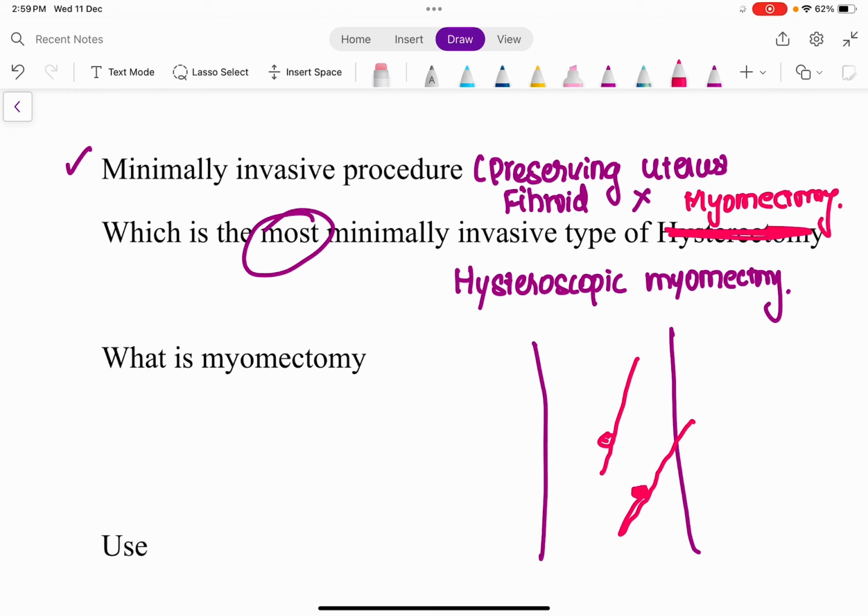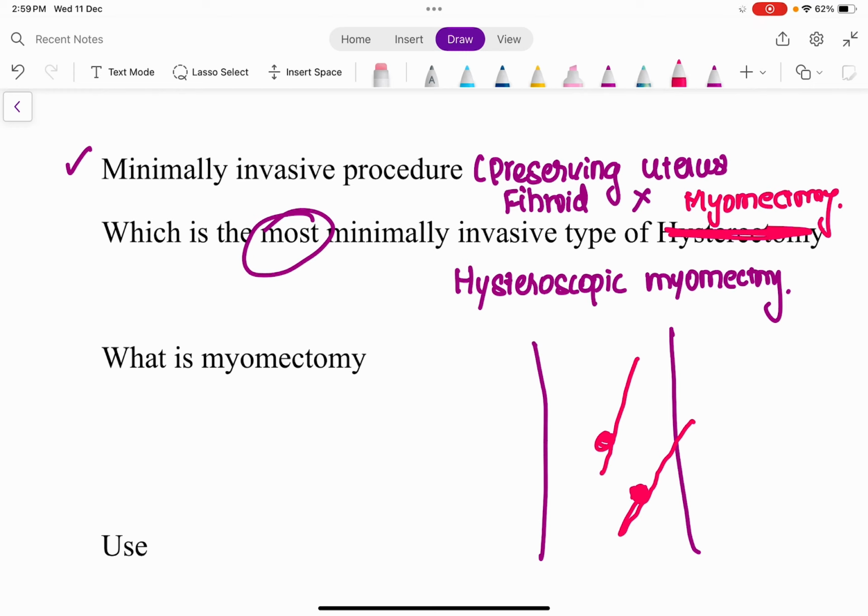So the most minimally invasive type of myomectomy is hysteroscopic myomectomy, because through the natural orifice you introduce the hysteroscope and remove the fibroid which is present in the uterine cavity. Whereas in laparoscopy you create a port, introduce the instrument through that port, and create a pneumoperitoneum to get a clear view of the peritoneum, and then remove the fibroid.